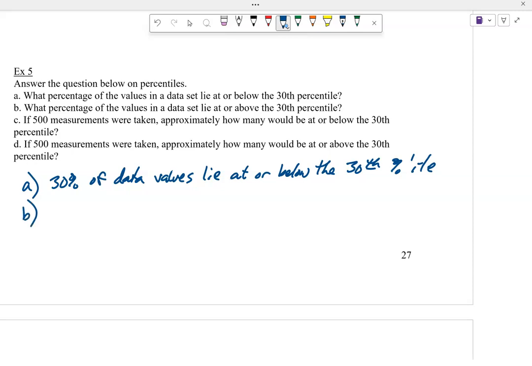Part B. What percentage of the values in a data set lie at or above the 30th percentile? Well, if 30% are below, and 100% of the data is there, then 100 minus 30%, 70%.